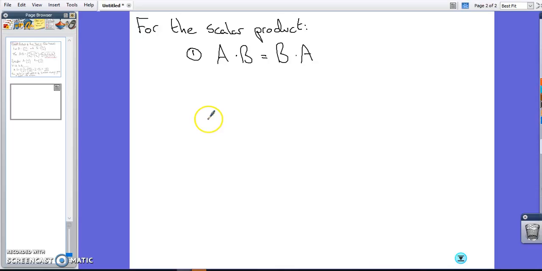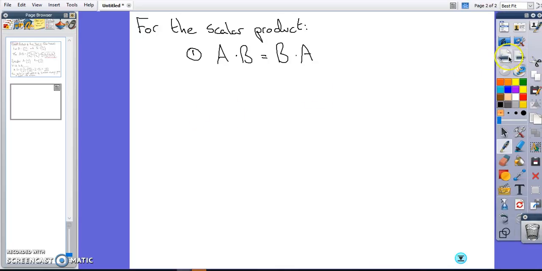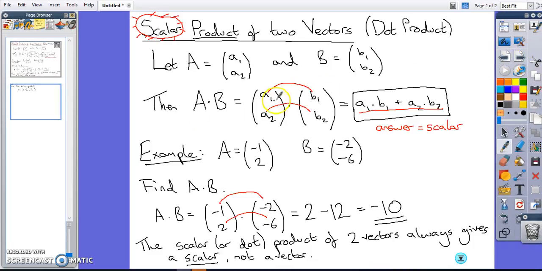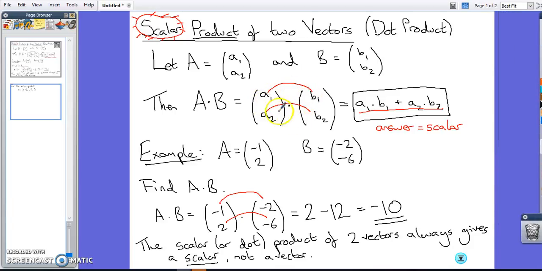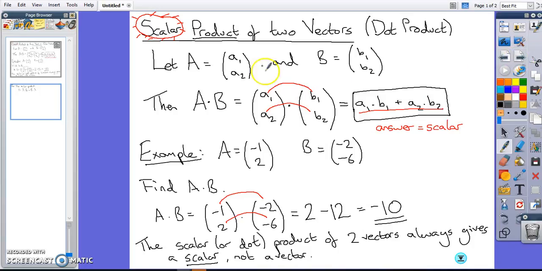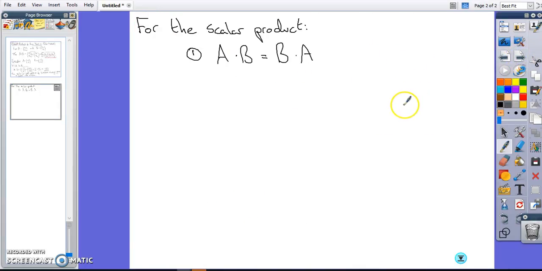And I could prove it for you if you wanted me to, but actually you could do it for yourselves. If you did A dot B and then B dot A, see if you come out with the same answer, just using an arbitrary pair of components for each one rather than concrete numbers.